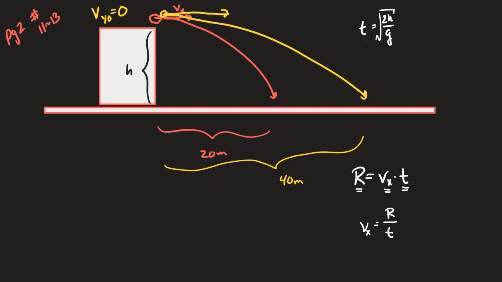They both were accelerated downwards by the acceleration of gravity, and that was the only thing accelerating them throughout the course of their flight. So they both experience the same vertical acceleration. The only thing that separates these two rocks is that one of them was thrown with a faster horizontal velocity. But the vertical part of the rocks' flights were the same.